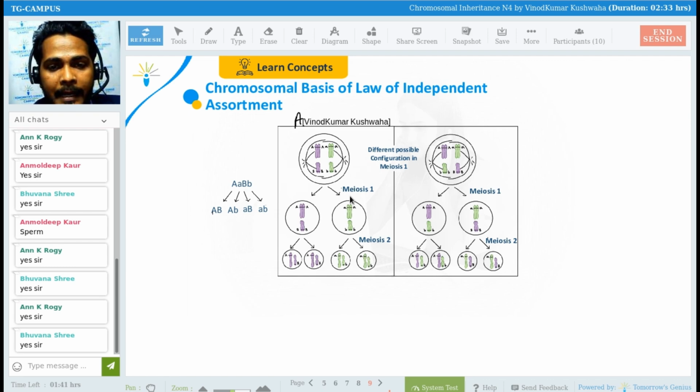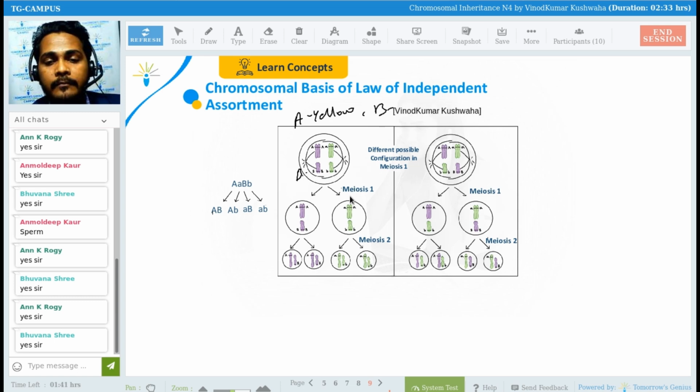You can just consider this A and B as allelic genes for a particular seed color. So let's just consider the seed color is yellow and green. So this is yellow and this is green.